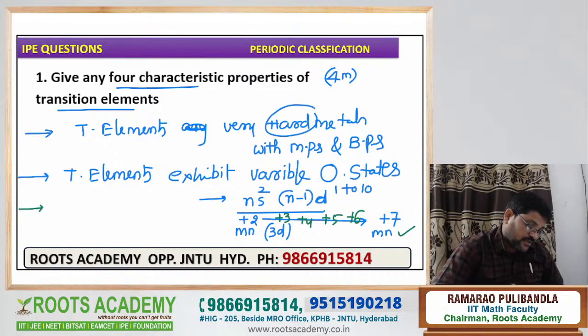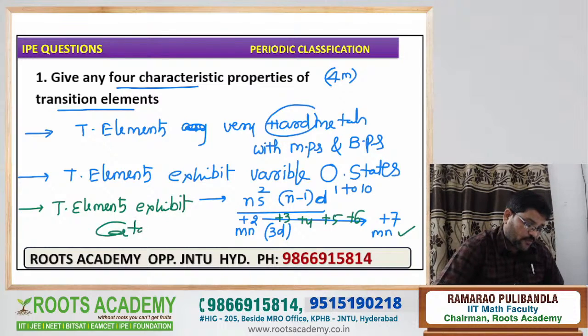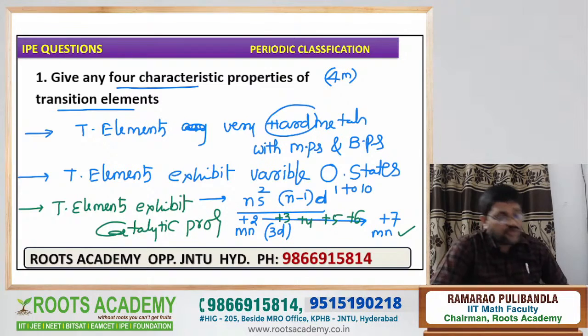And see the third property. The transition elements exhibit different kinds of catalytic properties. Most of the transition elements are used as catalysts in different kinds of reactions.